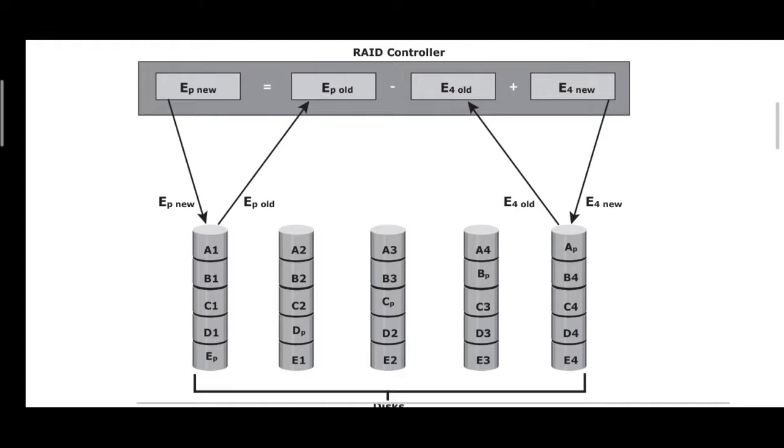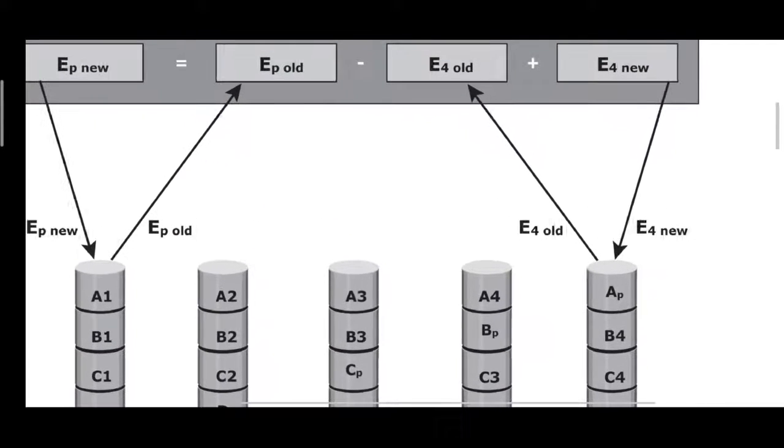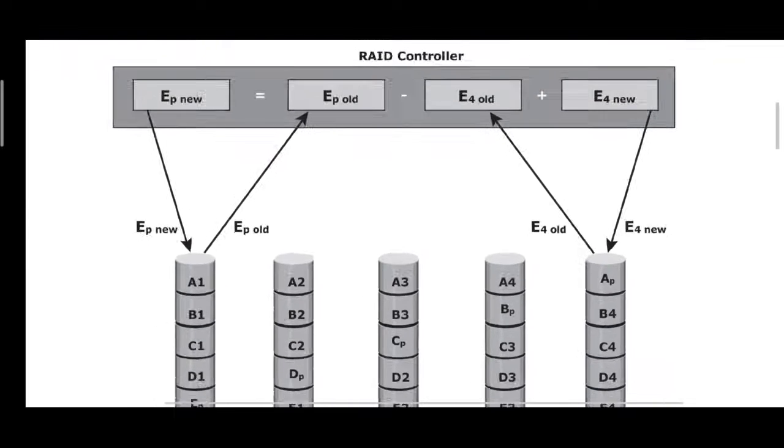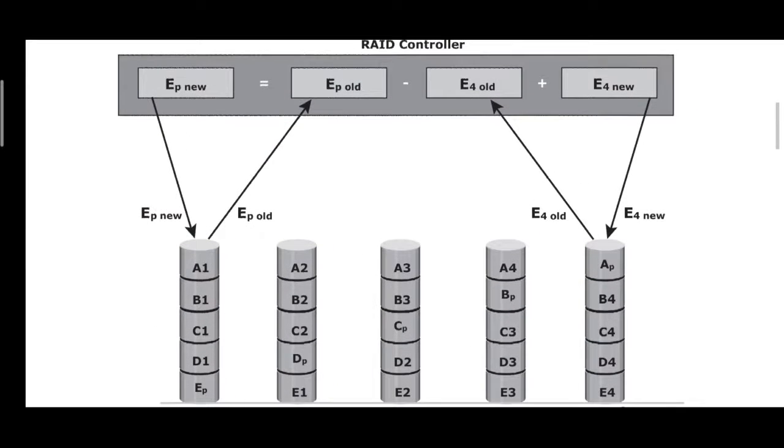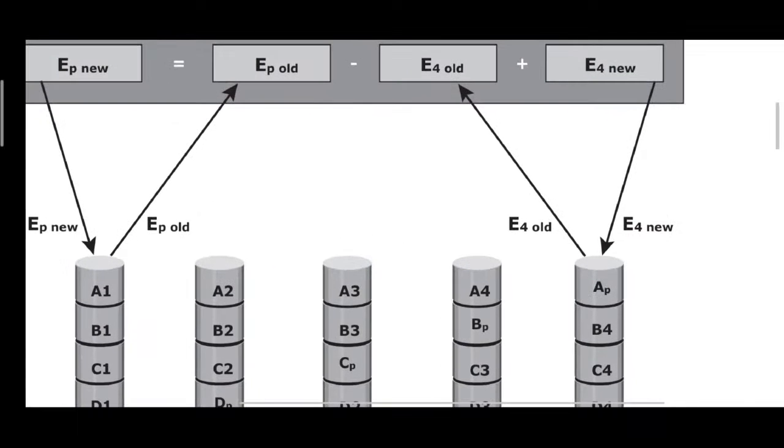The new parity value is computed from the old parity value, and where exactly the data is updated has to be considered. We are assuming that the data is updated at stripe E4. Please try to understand. The old parity value EP old is to be accessed, the old E4 is to be subtracted from it, and you have to add the new value.